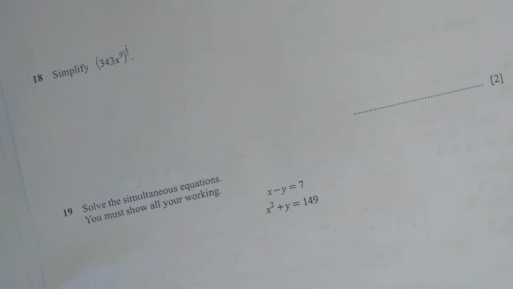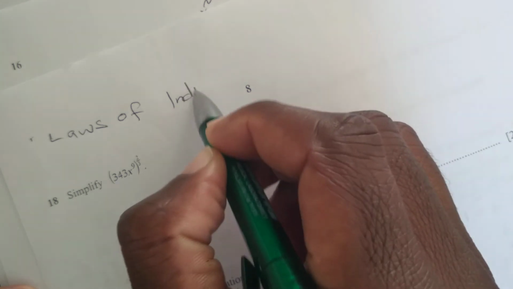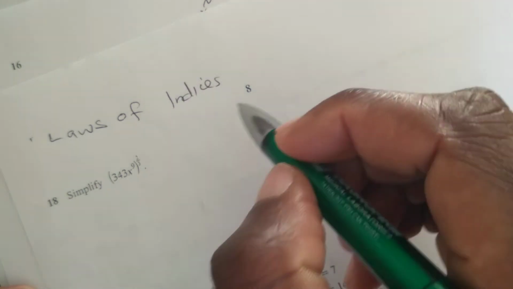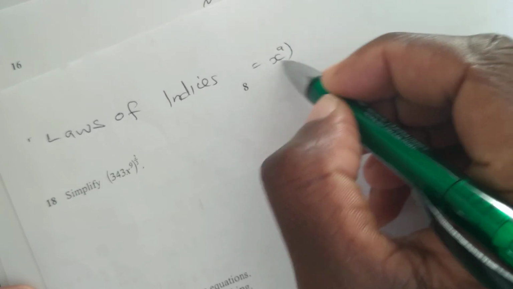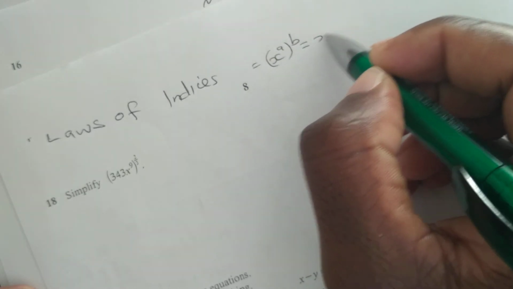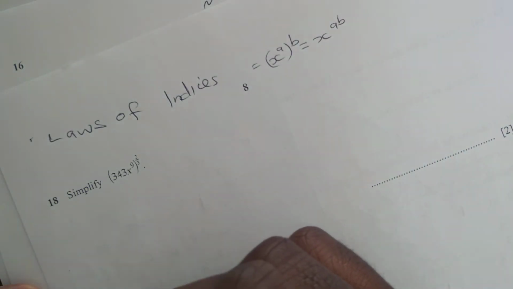So this one we're going to do first by applying laws of indices. There's a law that says x to the power a, to the power b, equals x to the power ab. We'll apply that one.